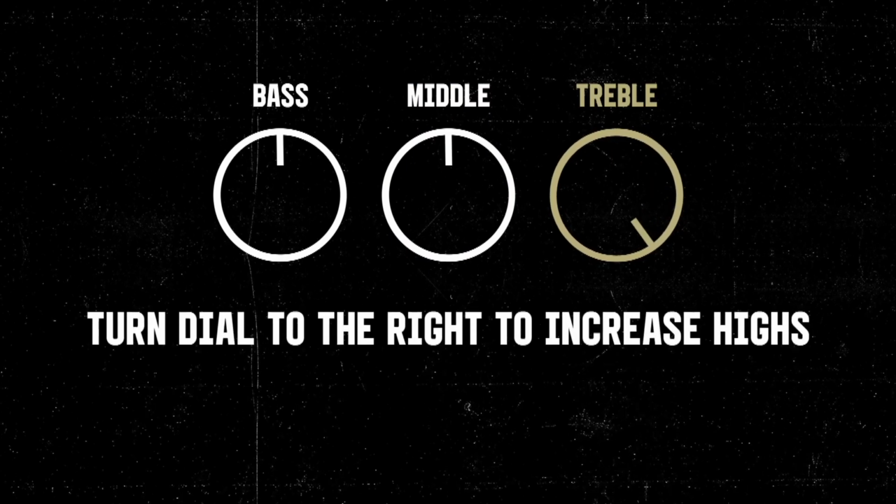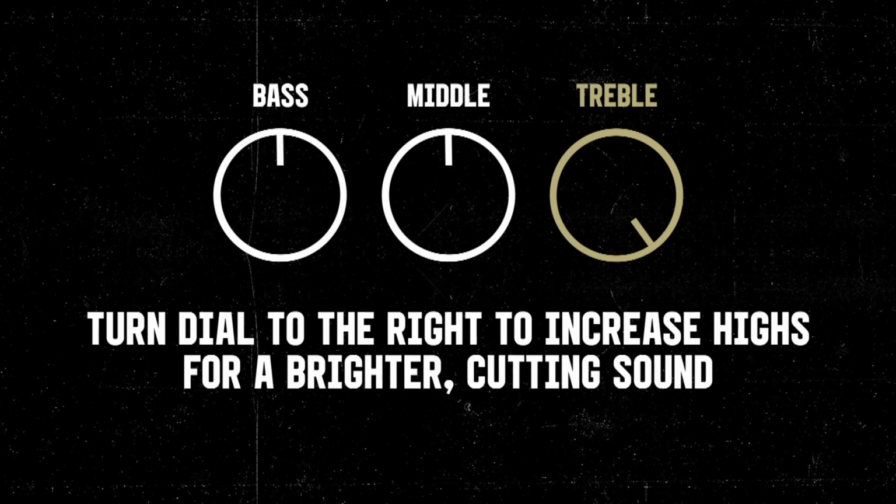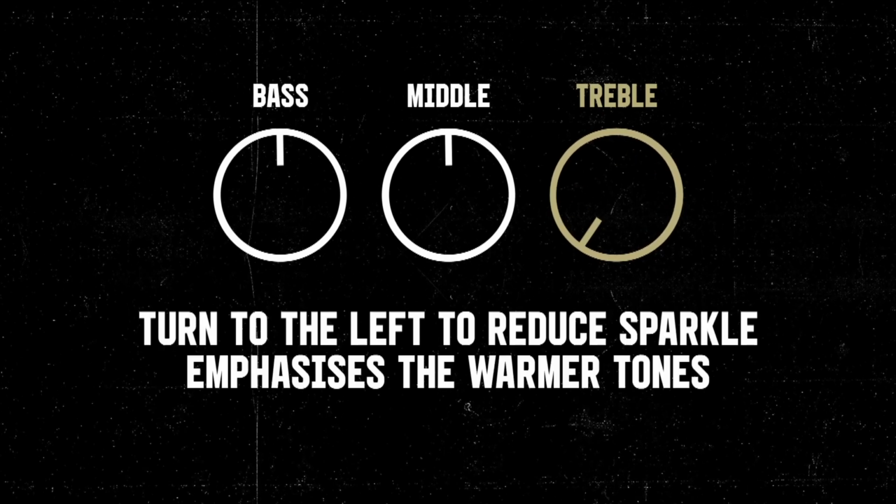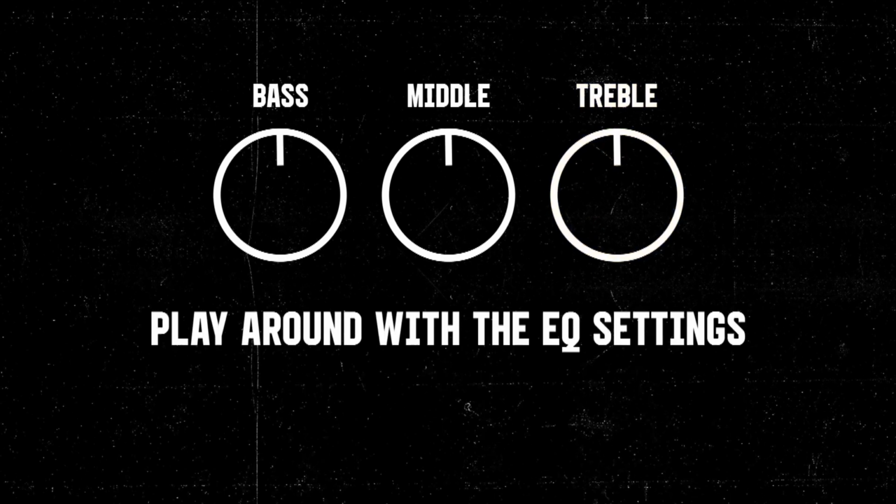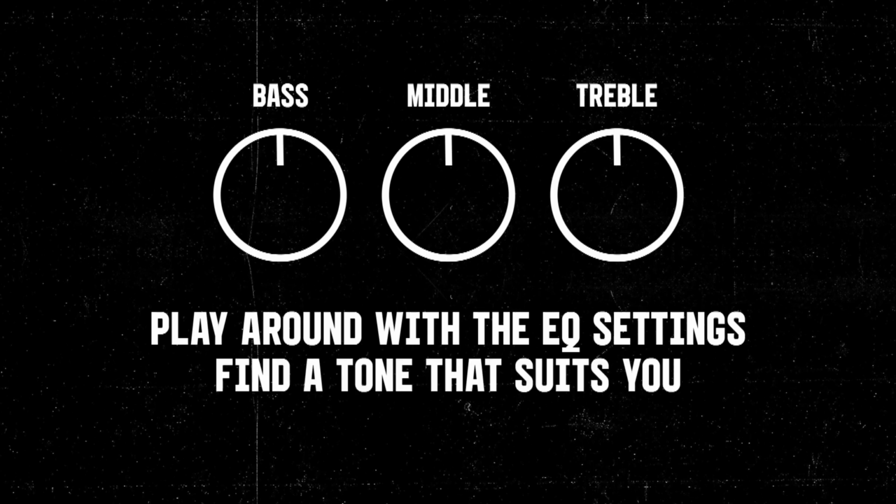Turning the dial to the right increases the amount of high frequency tones and gives it a much brighter sound. Turning it to the left takes away that sparkle and emphasizes the warmer tones. Once you understand the basics of EQ, you can begin to play around with the settings and find a tone that suits you.